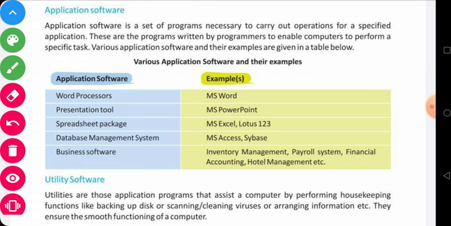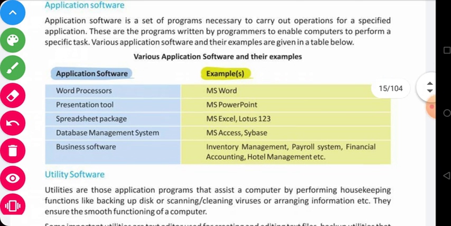In a word processor, we generally deal with word related programs. In MS PowerPoint, we deal with presentation related programs. Similarly, for database, we generally use MS Access or Sybase. So these are the application types of software. For a particular application, we require particular sets of programs to handle our task.